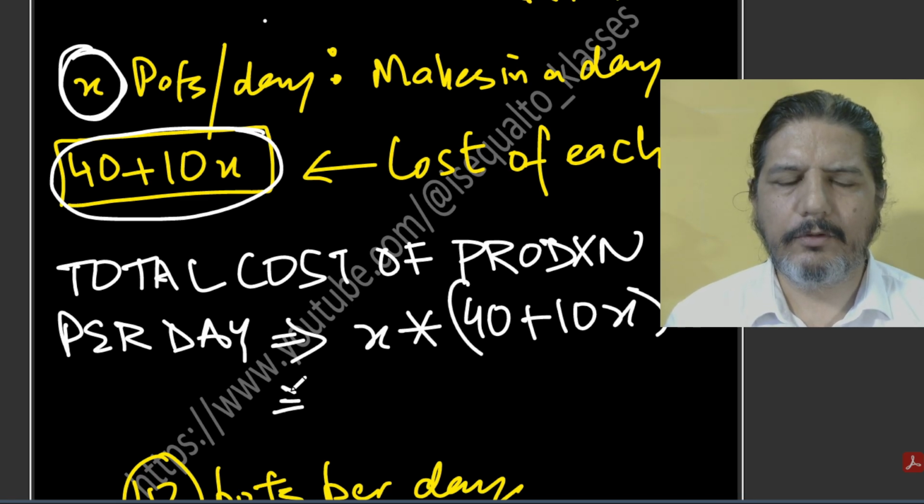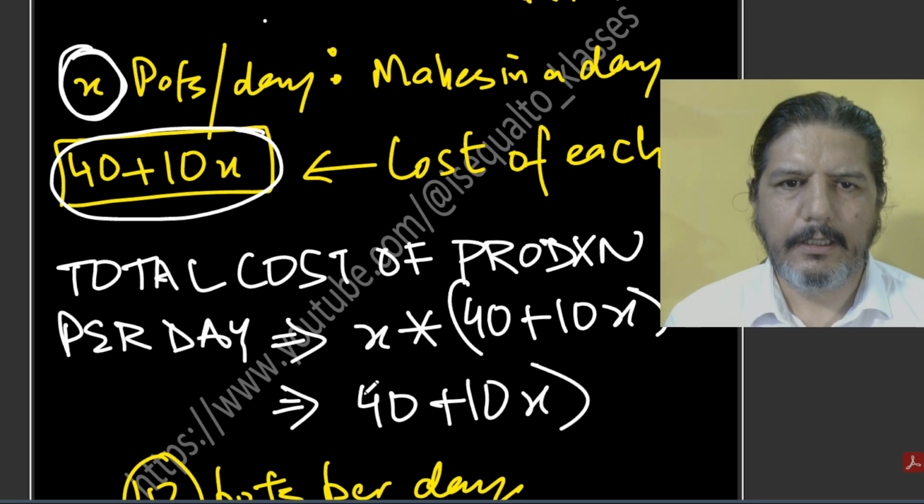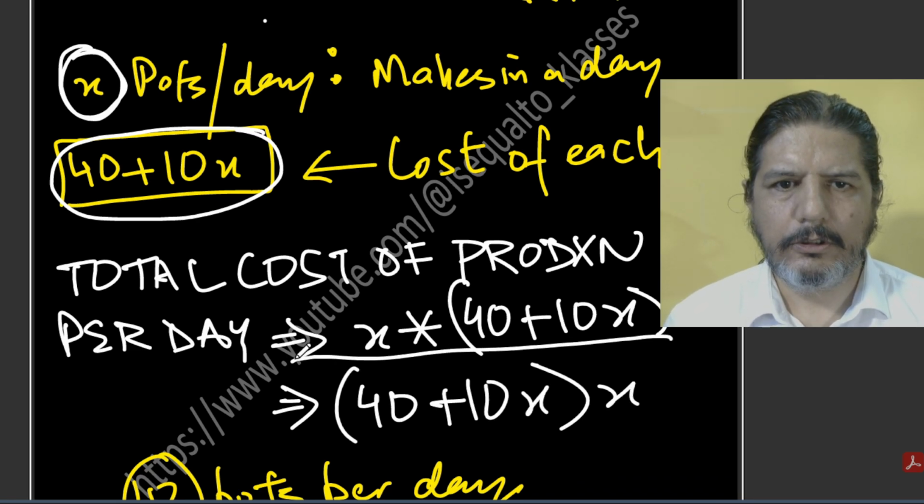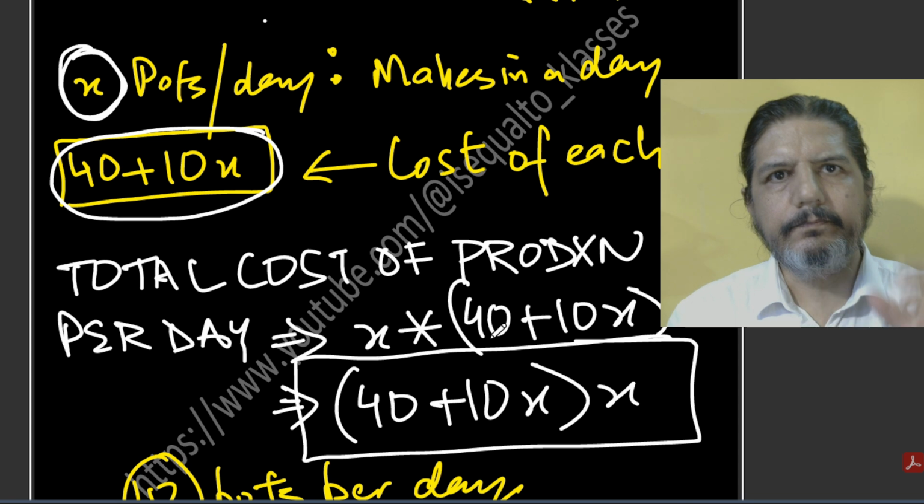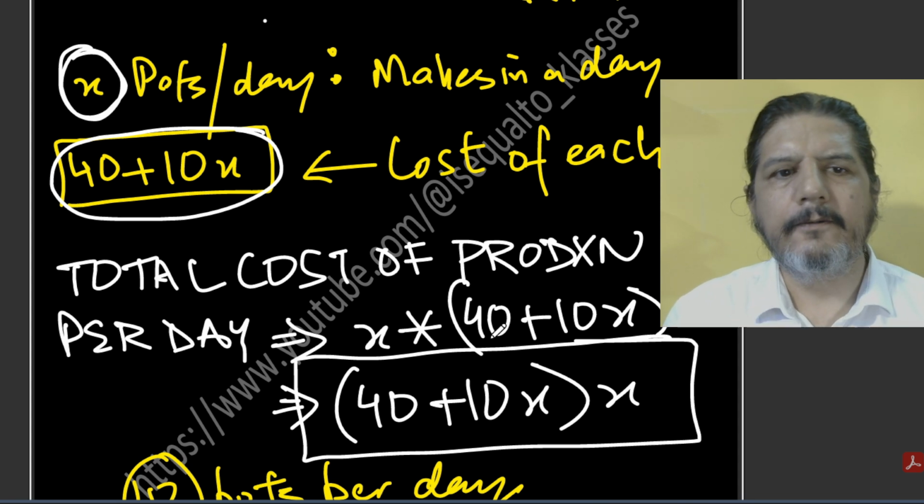So basically in terms of algebra, we can write this as 40 plus 10x into x. So this is his cost of production per day.